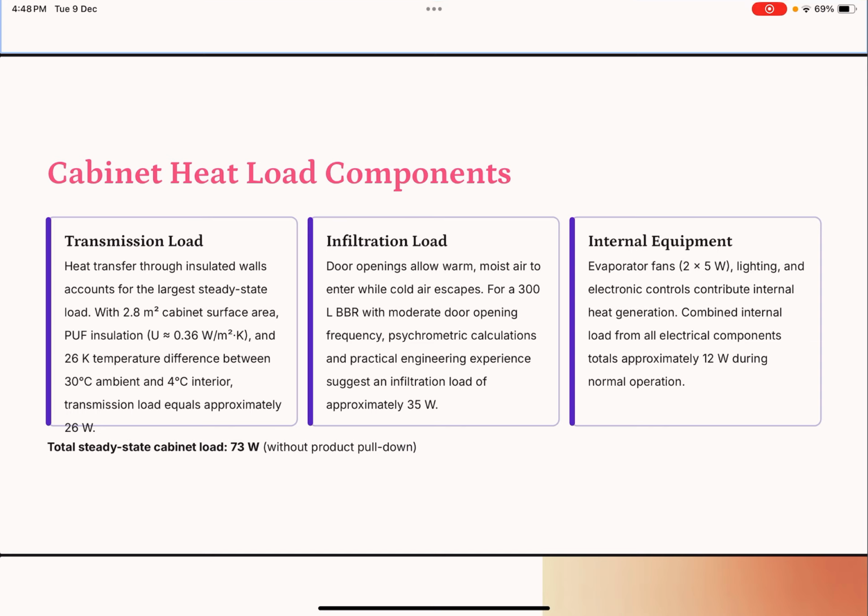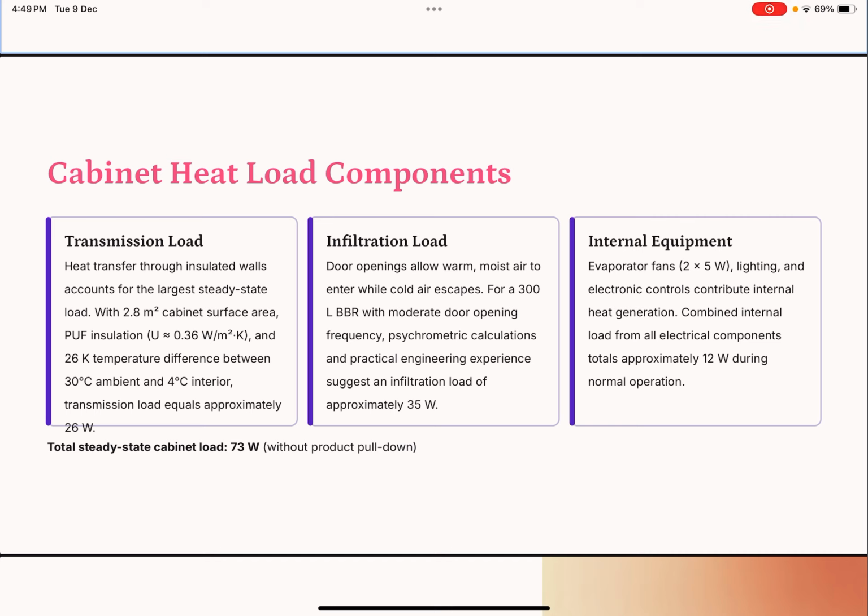So for a puff insulated cabinet door, we take the overall heat transfer coefficient U as about 0.36 watts per meter square Kelvin. And then how do you calculate the transmission load? We calculate it as U into A into delta T. You can pause the video and do this calculation, 0.36 into 2.8 into 26, and you should get the transmission load as about 26 watts.